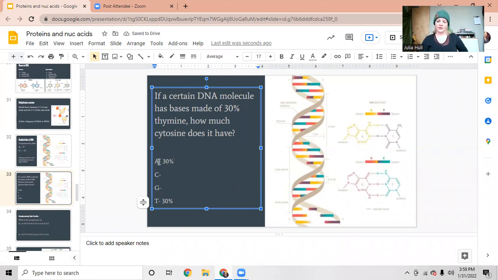So now we have 30% A, 30% T, add those together, that's 60%. That leaves us with 40% for everything else. And we know that C's and G's match up, so there's going to be about equal amounts. So we can take that 40% and say 20% are C's and 20% are G's.